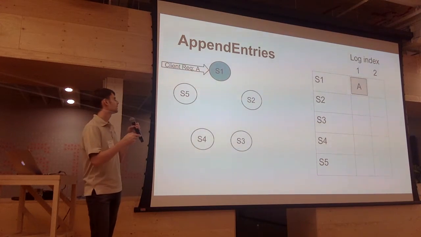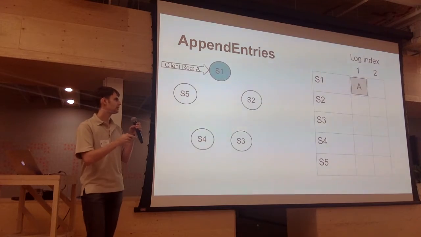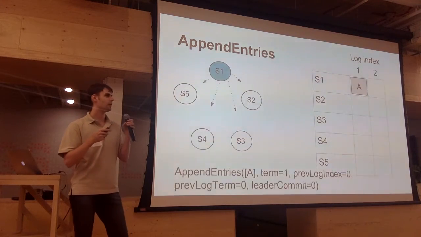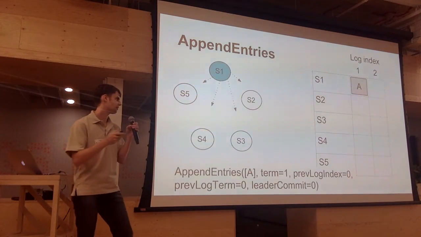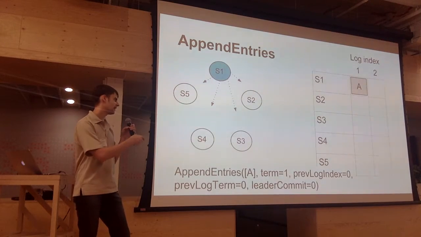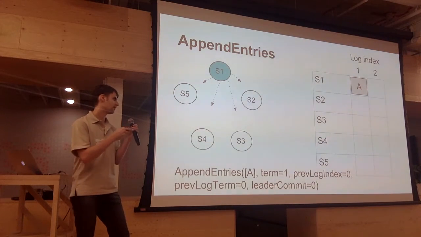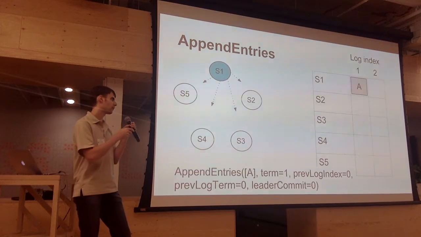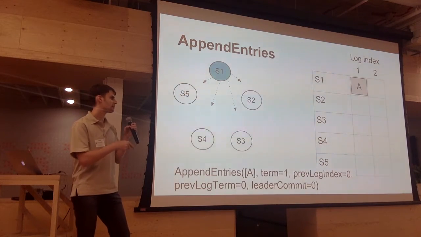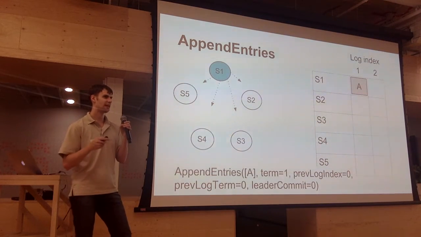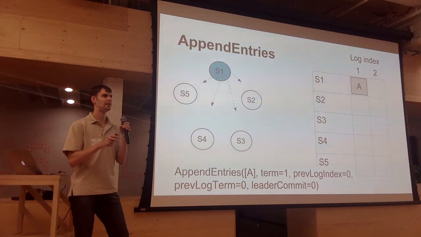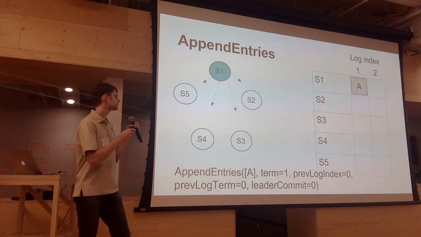We add it to our log and send out messages to all of our followers with this append entries call, as I described earlier. You have the data, the current term, a bit of information about the log entry before the one there, and another piece, which is the leader commit index. This just tells followers how many things are committed so far.